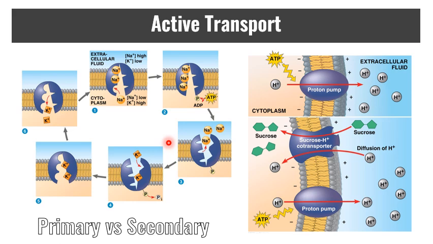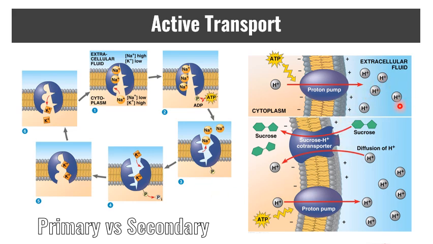If you're directly using ATP to move materials against the concentration gradient, we call that primary active transport. If you are moving charged particles across a membrane, you will build up another source of energy, this electrochemical gradient, which you can see on the picture on the right.